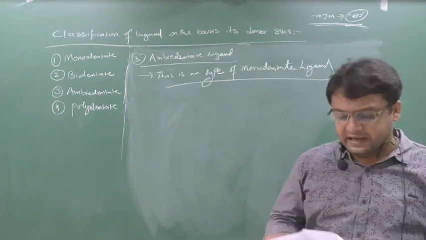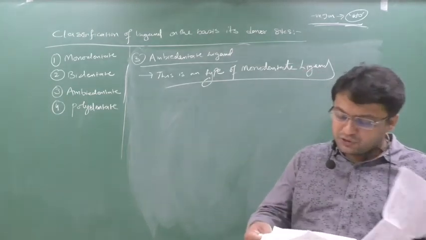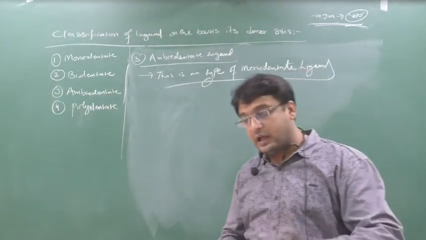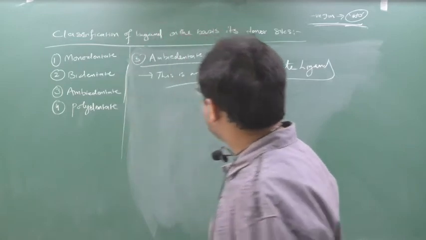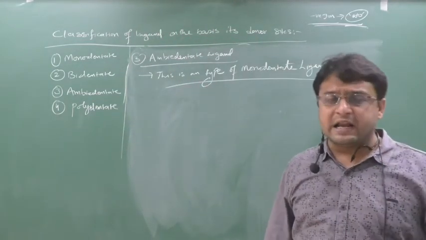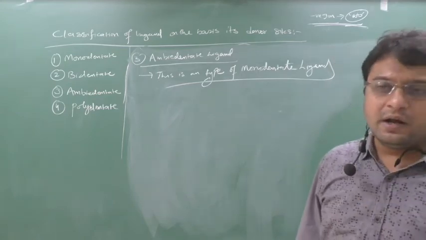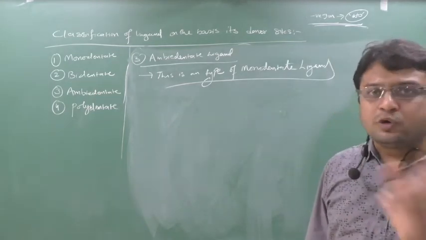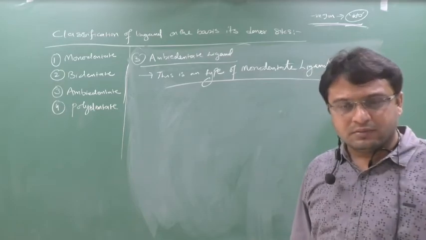Now what do you mean by ambidentate ligand? An ambidentate ligand is also a special type of monodentate ligand. Why, sir? An ambidentate ligand has two donor sites, but out of the two, at a time it cannot use both, only one it will use.